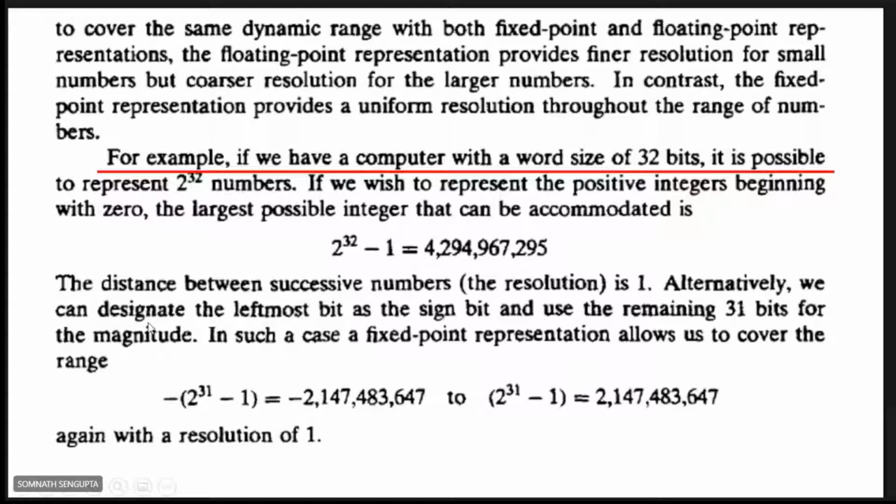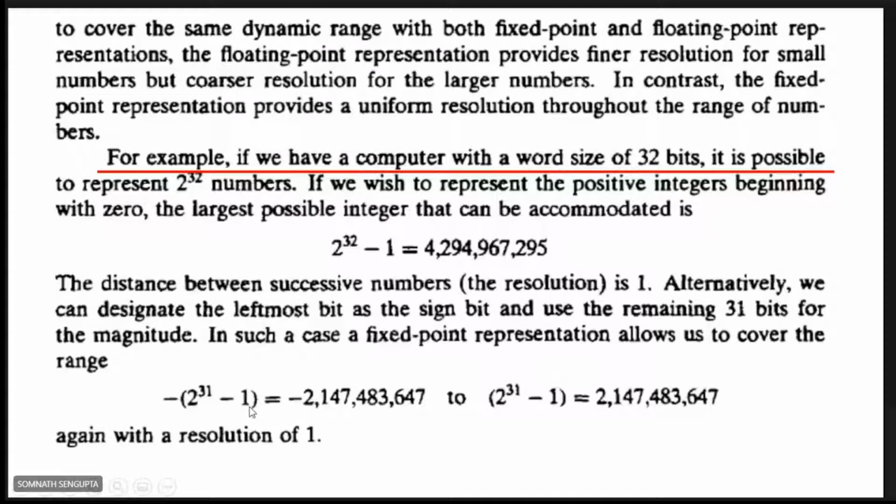Alternatively, we can designate the leftmost bit. Now if you consider negative numbers, we can designate the leftmost bit as the sign bit and use the remaining 31 bits for the magnitude. In such a case, fixed point representation allows us to cover the range minus 2 to the power 31 minus 1 to 2 to the power 31 minus 1.